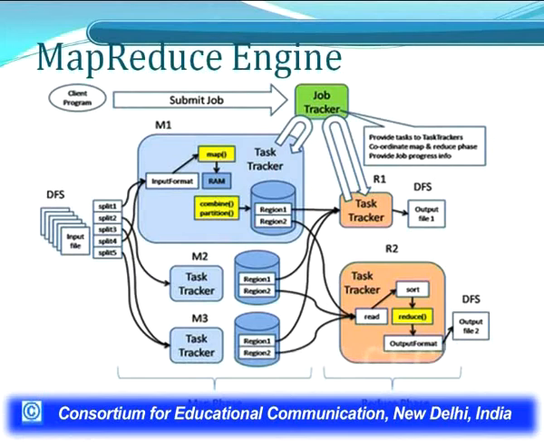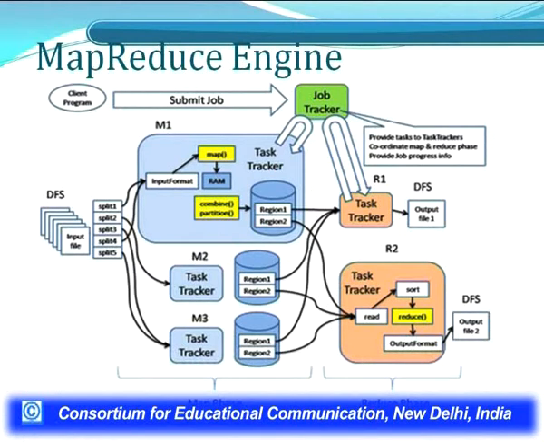M1, M2 and M3 task trackers. The task trackers have been put here, and you can see how it functions, the map phase and the reduce phase. The DFS R1 and R2.